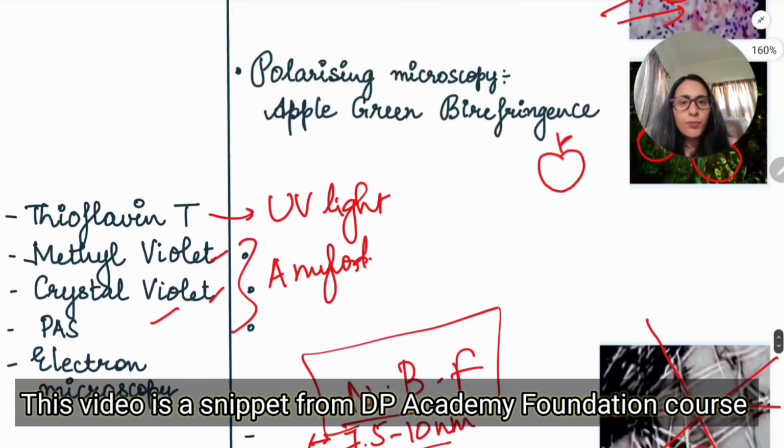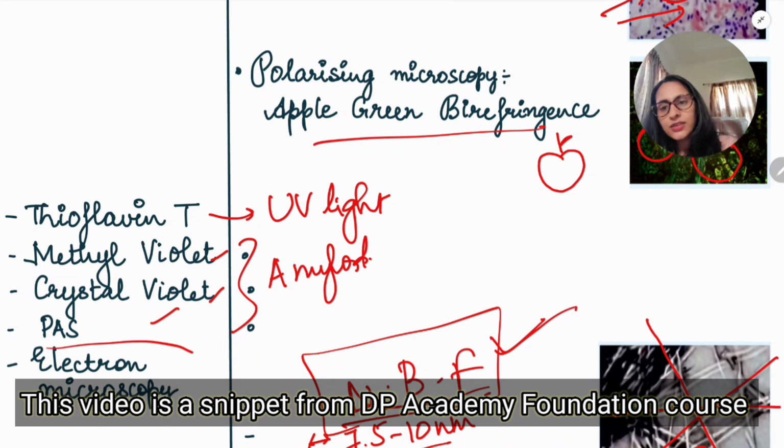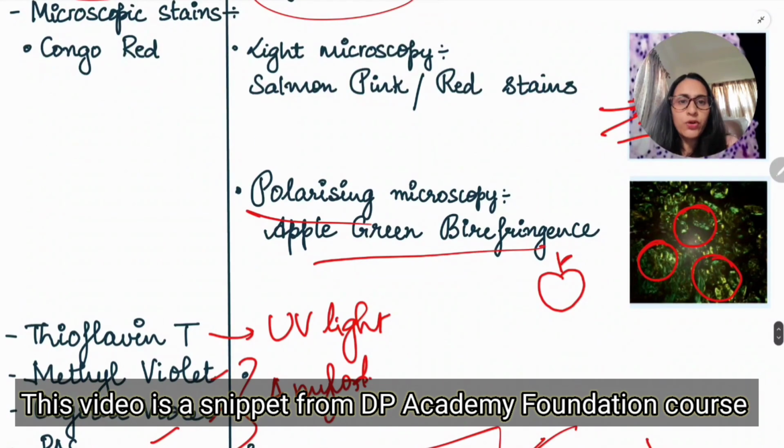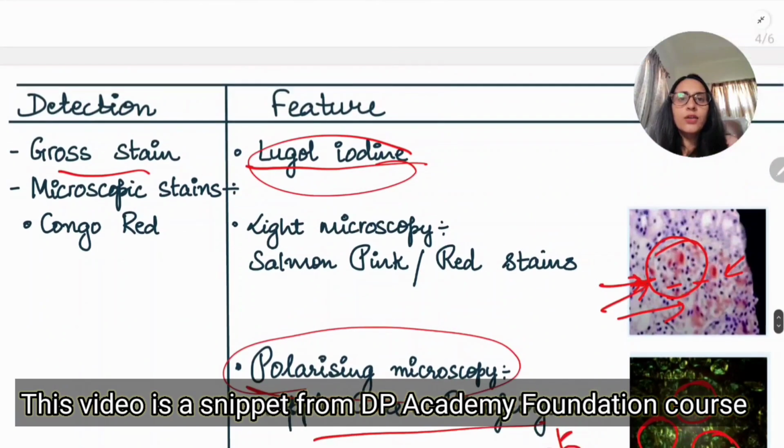Nowadays, the points that we used to remember were only these, like apple green birefringence or the non-branching fibrils. We never used to remember in our times that it is an electron microscopy view, or that it is a polarizing microscope. Now we are trying to understand more and mug up less. So we know polarizing means some kind of light is coming.